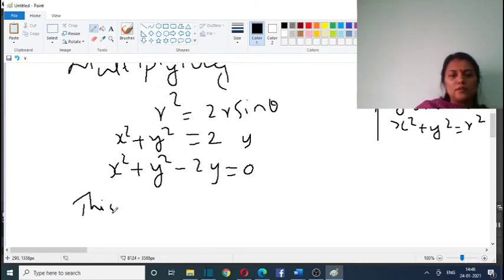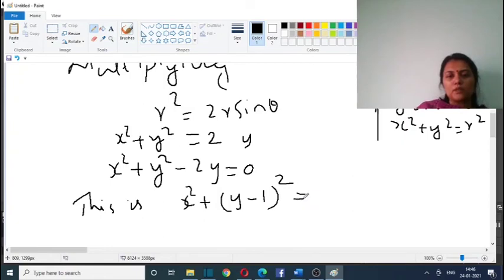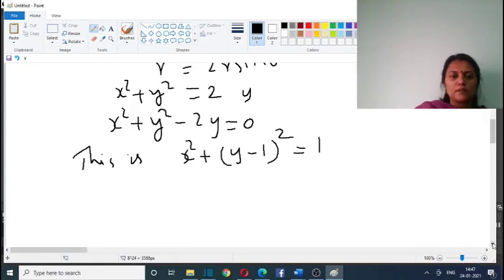This is a circle. So this can be written as x square plus y square minus 2y plus 1 equal to 1, which can be rewritten as x square plus (y minus 1) the whole square equal to 1.